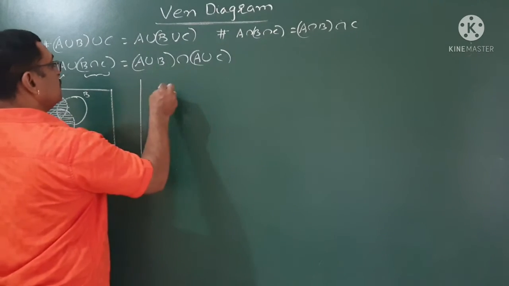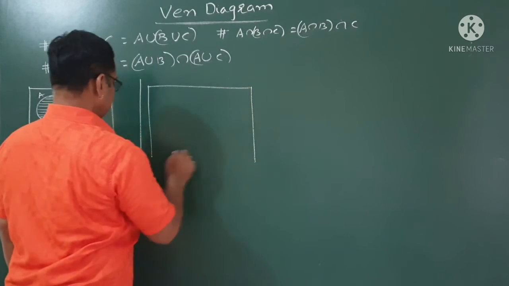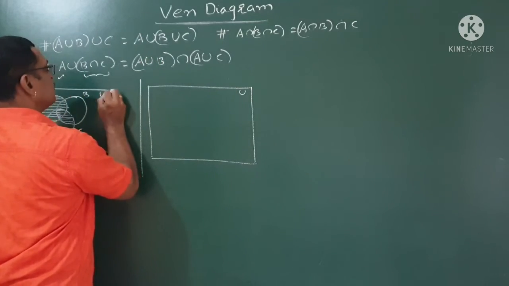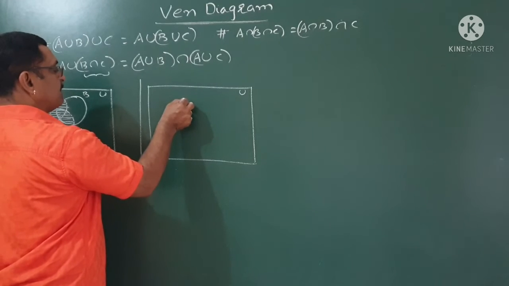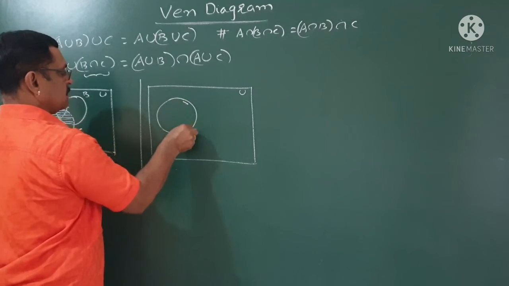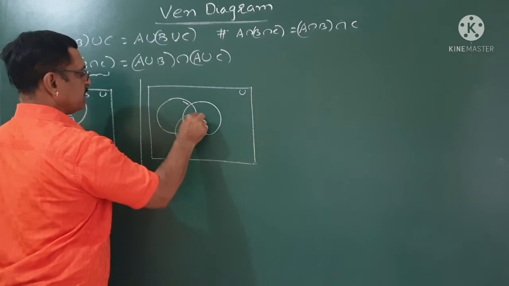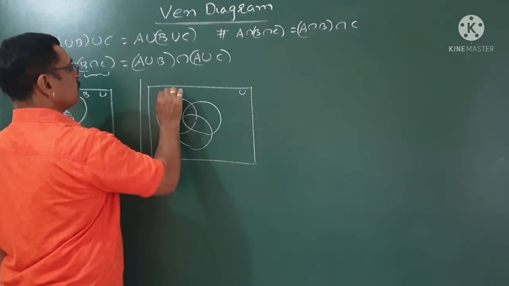Again same rectangle, U, three overlapping circles, number 1, number 2, number 3, A, B, C.